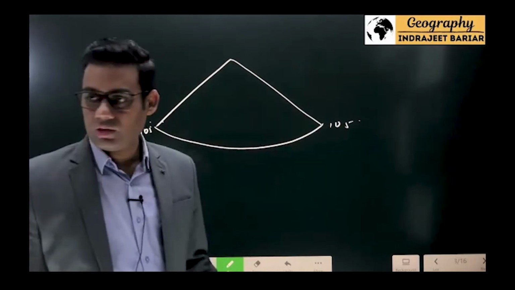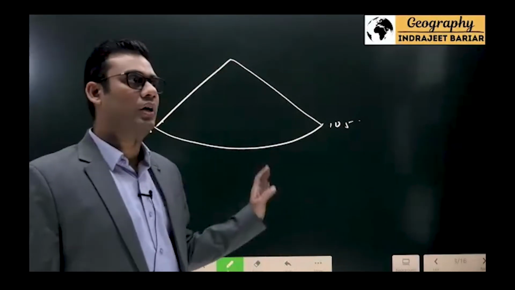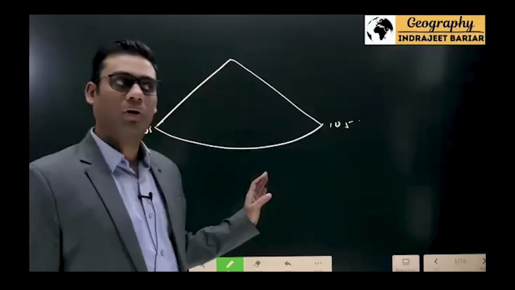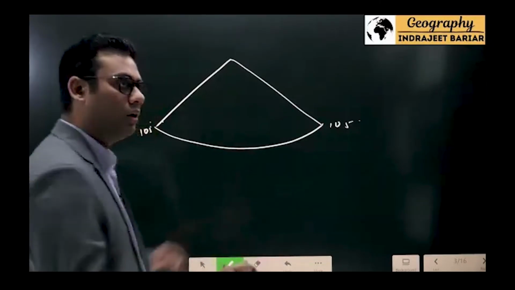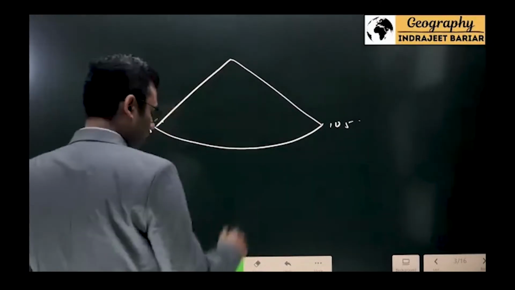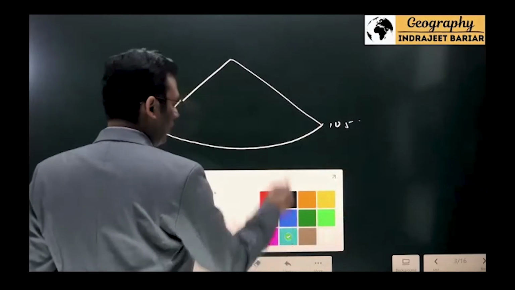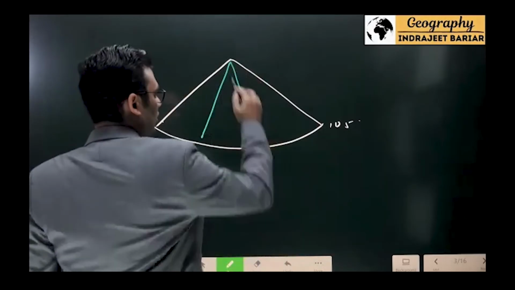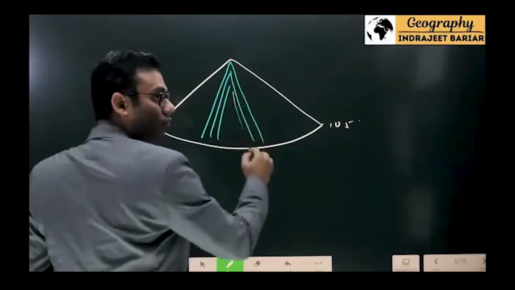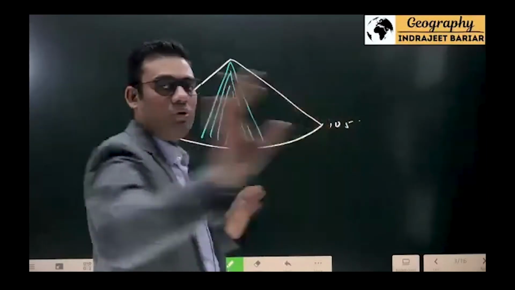Now, is this a zone where no waves are received? No. See, P waves are received over here. P waves are received in this zone. So I cannot call this whole zone the absolute shadow zone.